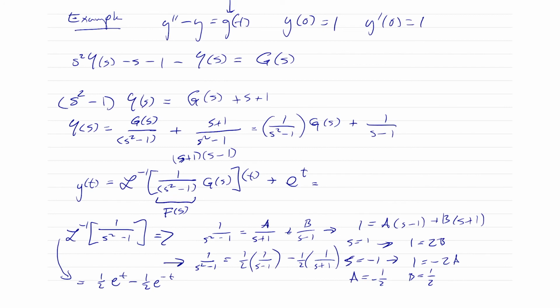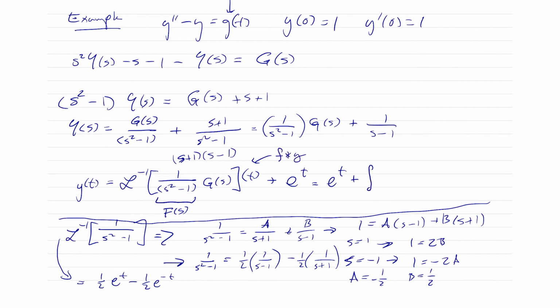We actually wanted to figure out what y was. Well, let's see. So first of all, we had this e to the t. I'll just throw that out in front just to get that out of the way. But now we have the convolution. So taking the inverse here, this is going to be f convolved with g. Well, that's going to be written as the integral from 0 to t of whatever f was, and we know that is 1/2 of e to the t minus 1/2 of e to the minus t.